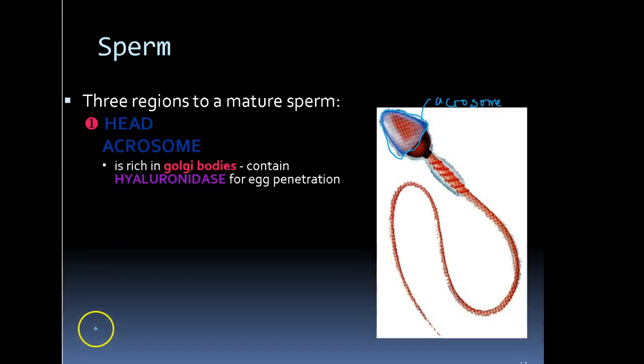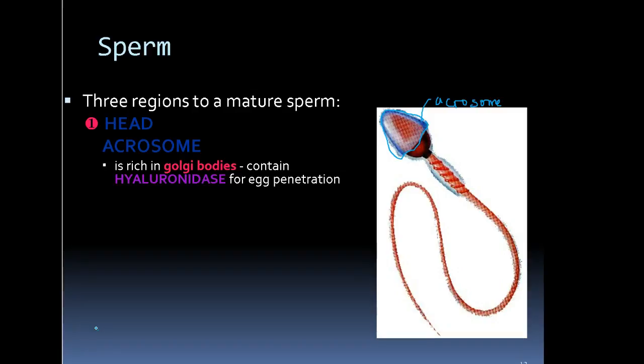So let's talk about the acrosome. I don't know why I jumped ahead so far, but the acrosome houses a ton of these Golgi bodies. If you remember, Golgi are filled with hydrolytic enzymes, and in this particular case the enzymes inside are hyaluronidase.